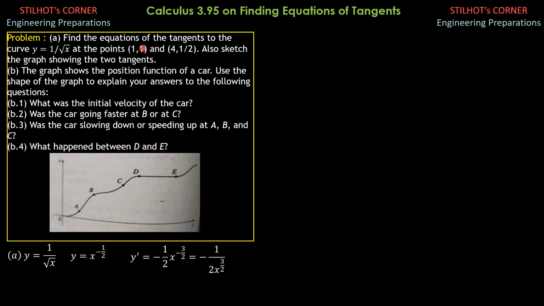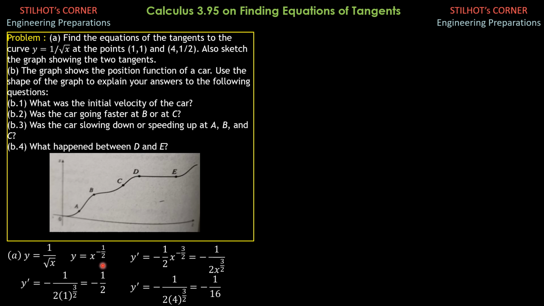Then when x is 1, y prime is negative 1 over 2 times 1 to the 3/2, so y prime is equal to negative 1/2. And the slope when x is 4 is negative 1 over 2 times 4 to the 3/2. 4 to the 3/2 is 8, so 2 times 8 is 16. So the slope is negative 1 over 16.